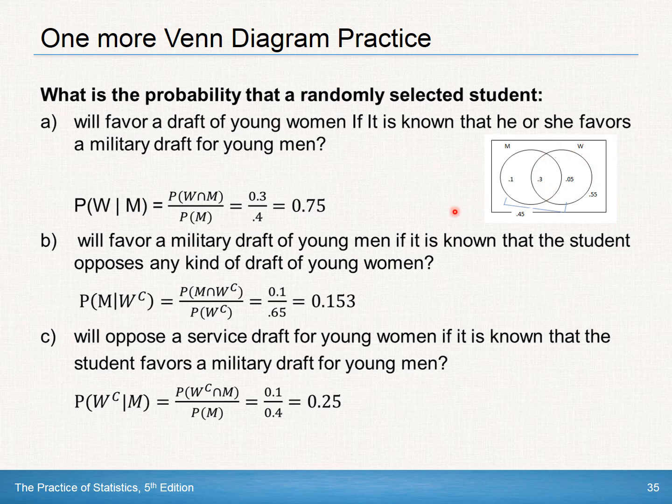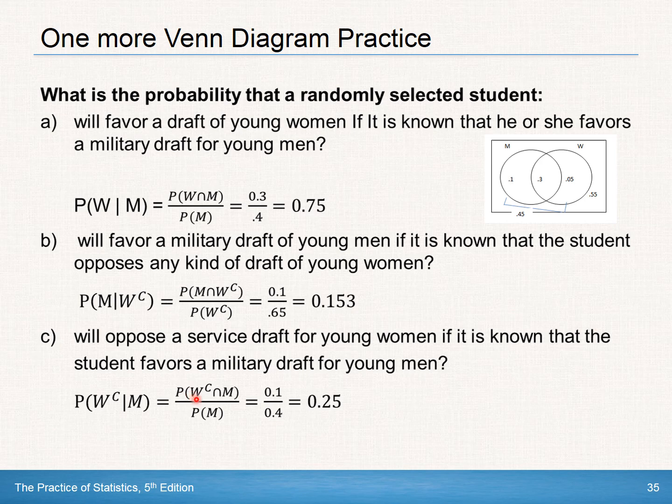This is favoring a service draft for women, so the complement is not favoring a service draft for young women. So women complement, not favoring a service draft for women, is equal to the probability of opposing a service draft for women and favoring it for men, all over the probability of favoring it for men. The probability of favoring it for men, that's our easier one. That's this whole thing right here, that's 0.4.